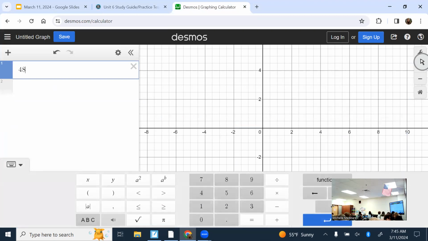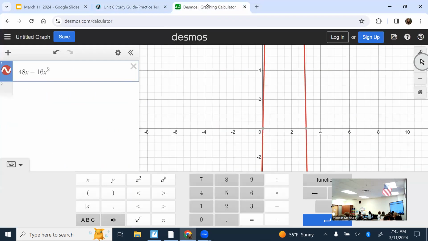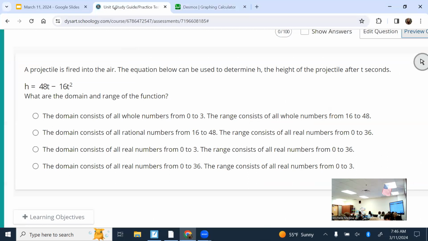I'm gonna change the t's to x's, so I don't have to type in the whole thing, just this part. Okay, but 48x minus 16x squared. Here's where my domain starts and ends. Because like you said, it can't be negative. But it can be everything between 0 and 3.